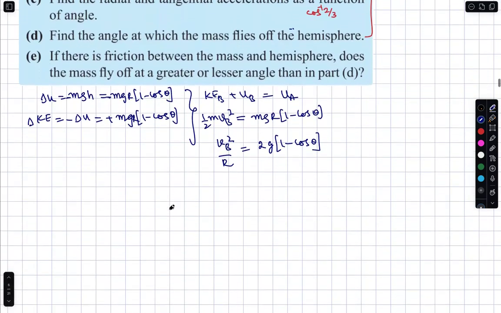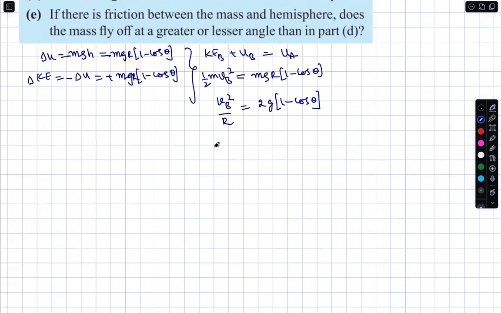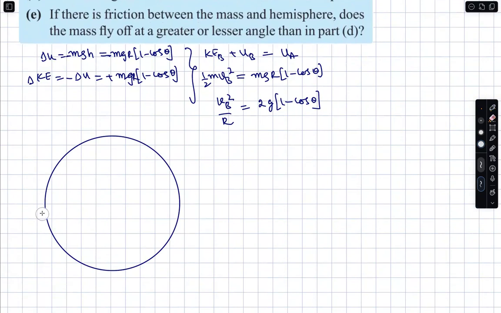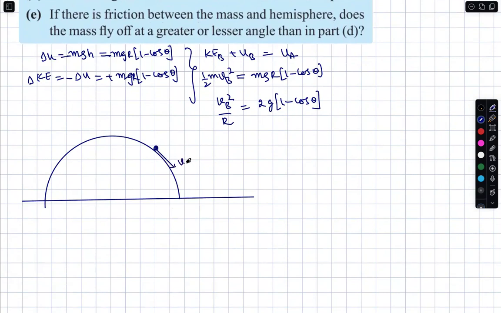Don't get confused. Now this is the sphere. When you are here, velocity is VB, and this makes an angle theta.